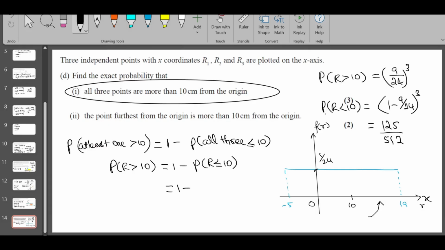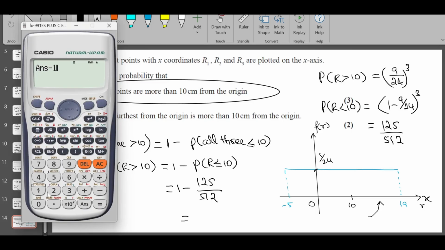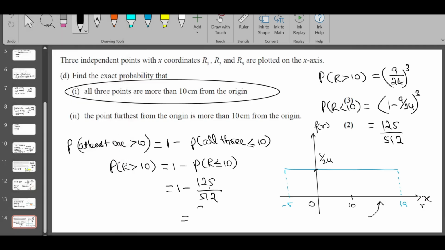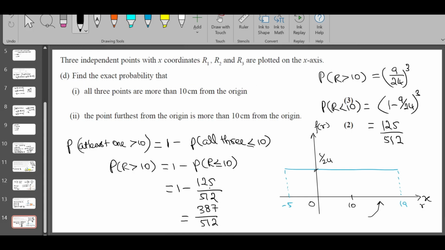So 1 minus 125 over 512 will give you the answer, 387 over 512. Hope you understand this. When they say the furthest point from the origin is more than 10 centimeters, that means there should be at least 1 point here out of 3 points. That's all.